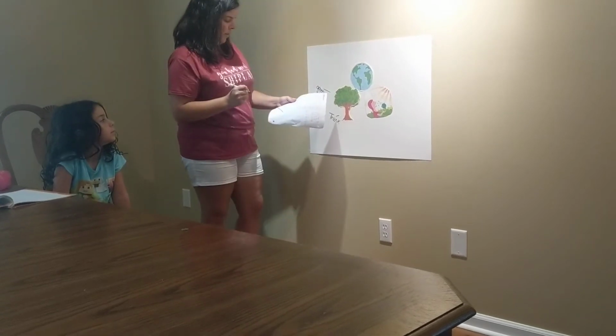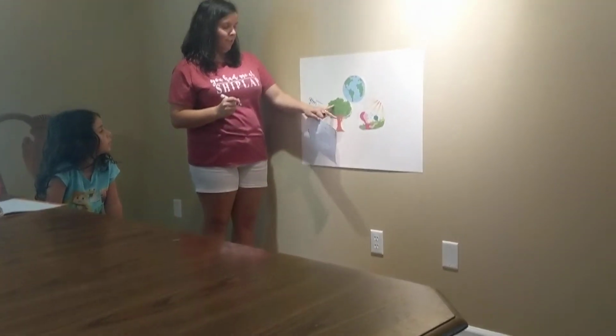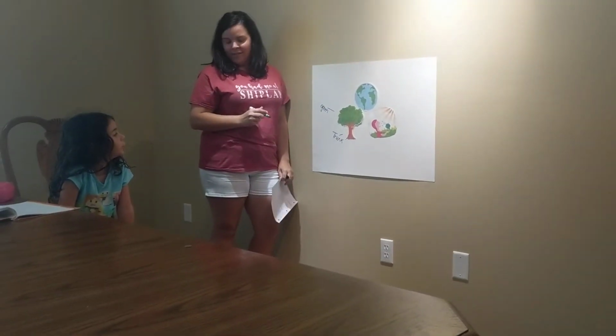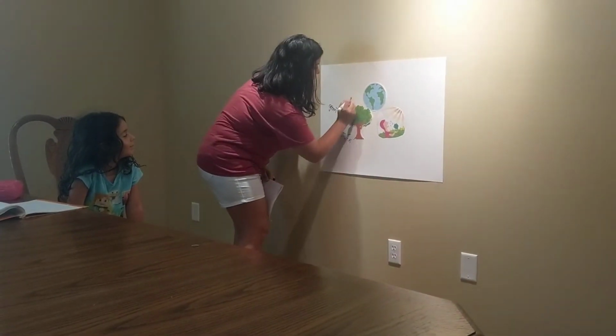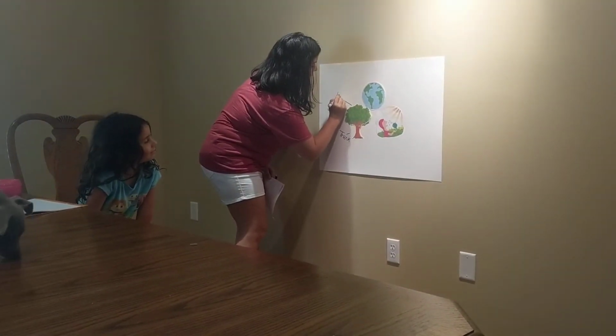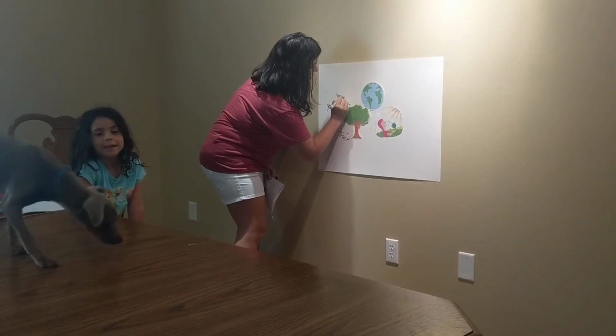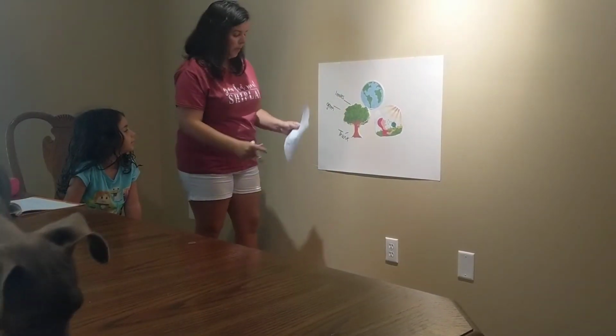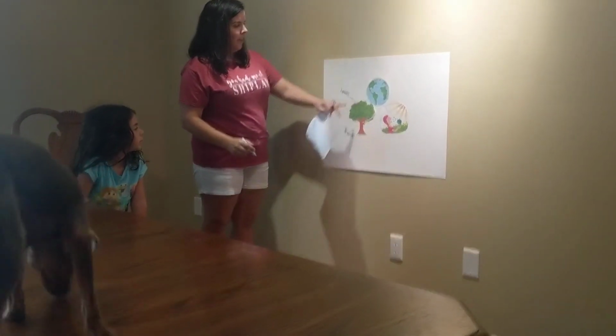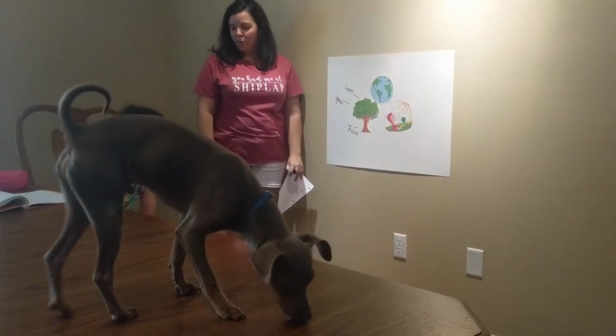Okay. What are these parts of the tree? The leaves. Okay, we have leaves. Then what's the world called? What's another name for world?